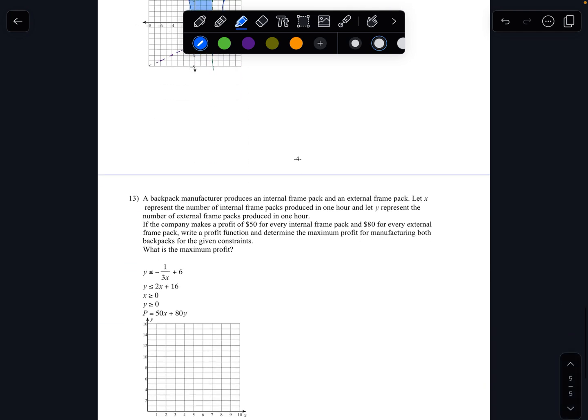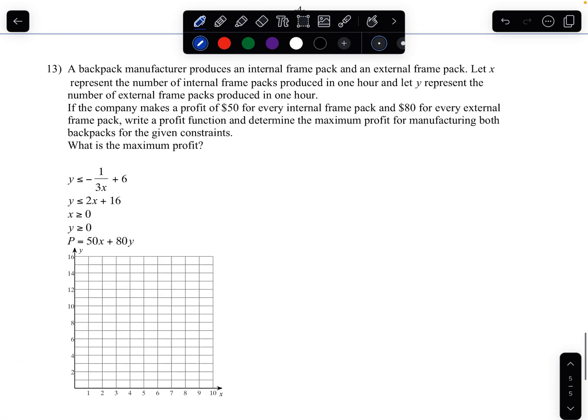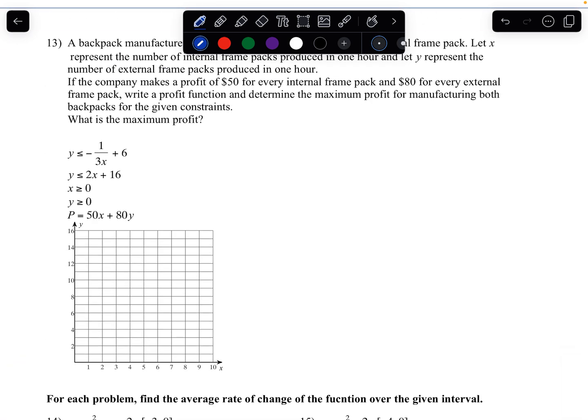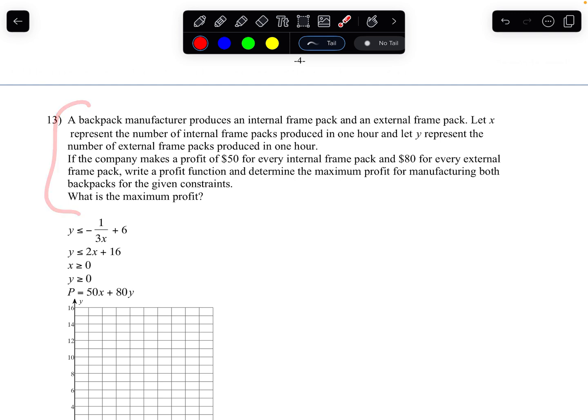Okay, moving on, we've got 13, and this is our last page. So here we have this long description talking about a backpack manufacturer that produces internal frame packs and external frame packs. Let X represent the number of internal frame packs produced in 1 hour, and let Y represent the number of external frame packs produced in 1 hour.